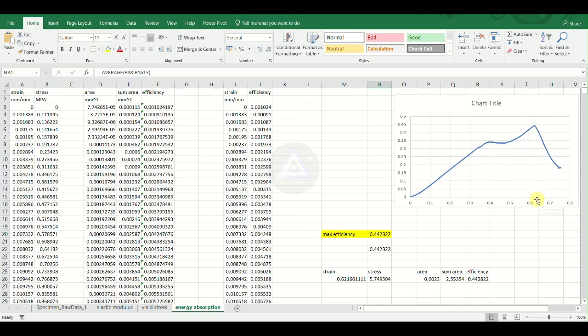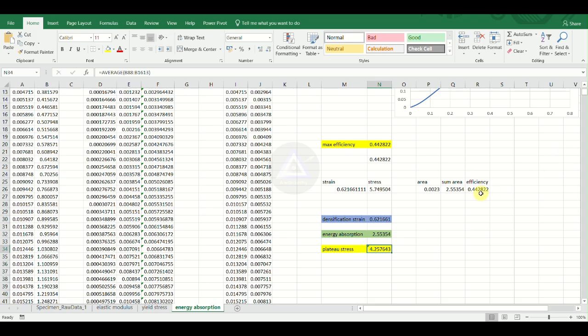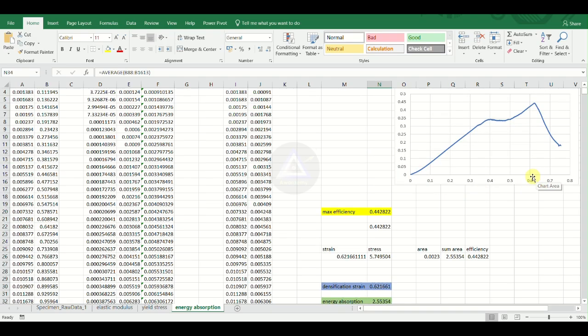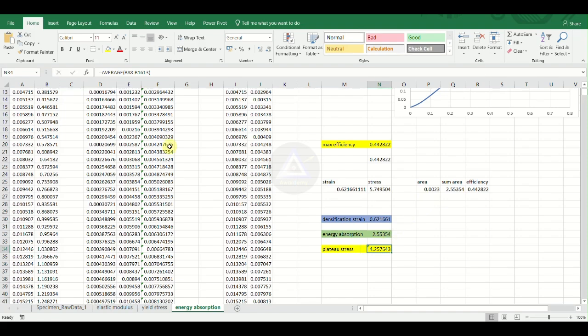This strain is considered our densification strain, where densification starts, the region where the stress rises suddenly and the efficiency goes down. Considering that densification strain and the starting strain, from the initial to the densification strain we measure the energy absorption using the sum of the area relation.